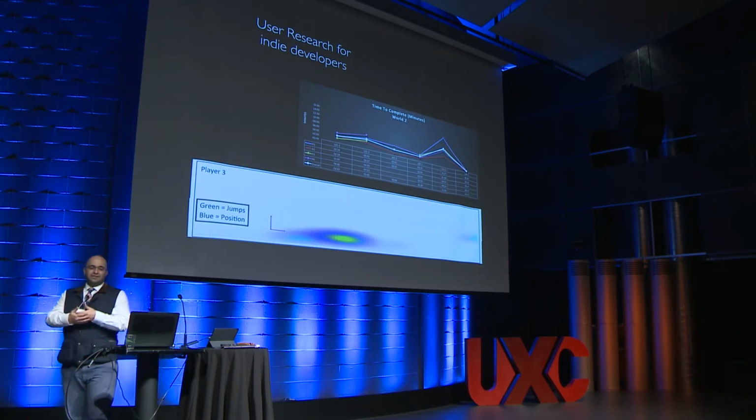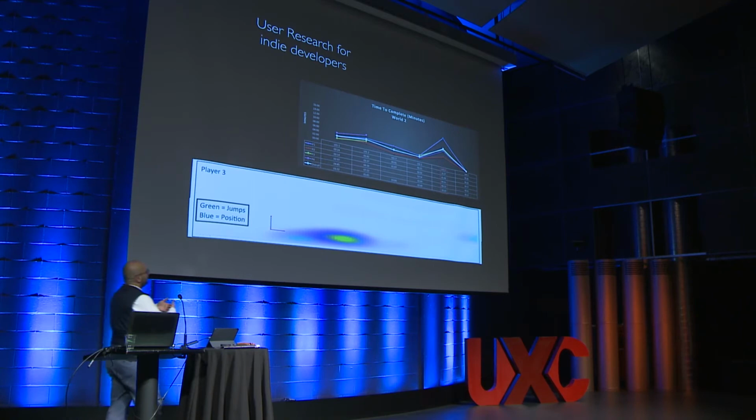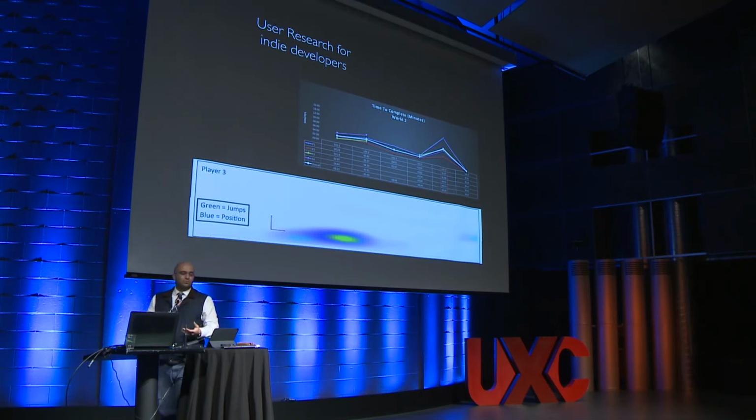Looking at the heat map data of their location and overlaying it with the level design, we could identify the exact issue in the level design that could be fixed. So that could optimize the process from probably 10 hours of reviewing gameplay data to maybe half an hour of figuring out that issue. And that's where I think this method could be adopted and made more accessible for smaller companies.